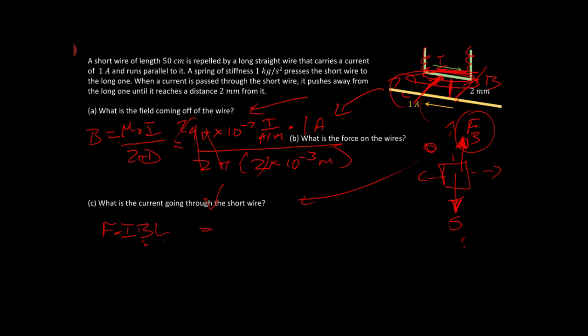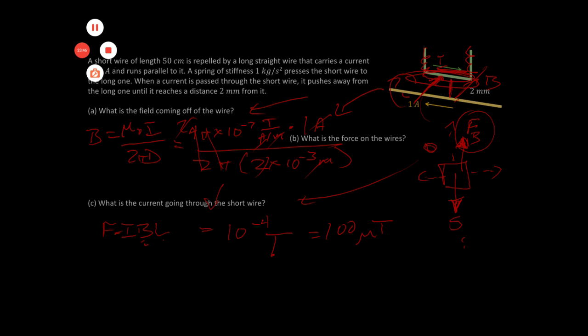So that's 2 millinewtons, right? So 2 kilogram millimeter per second squared is equal to 2 times 10 to the minus 3 kilogram meters per second squared, which is equal to 2 millinewtons.